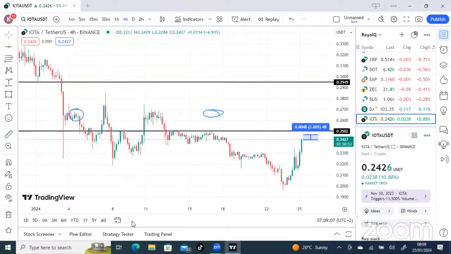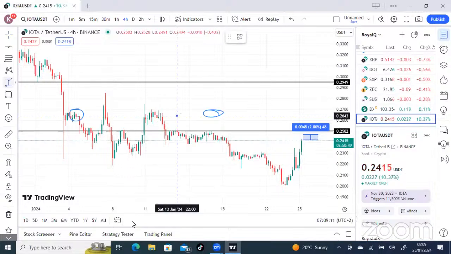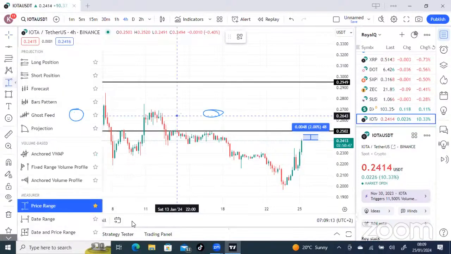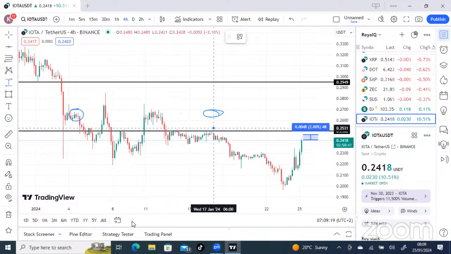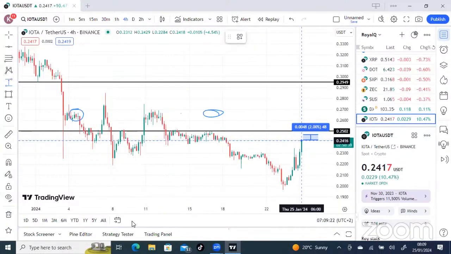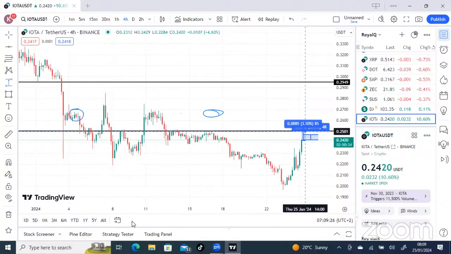The measurement is a tool. I'm using a PC. You come on measurement, you pick something called price range. You look at your current price where you are, to where the resistance is. Like here, the resistance is here. I've done the line.